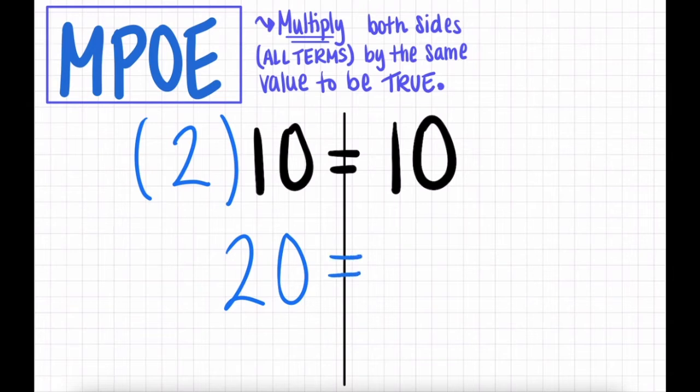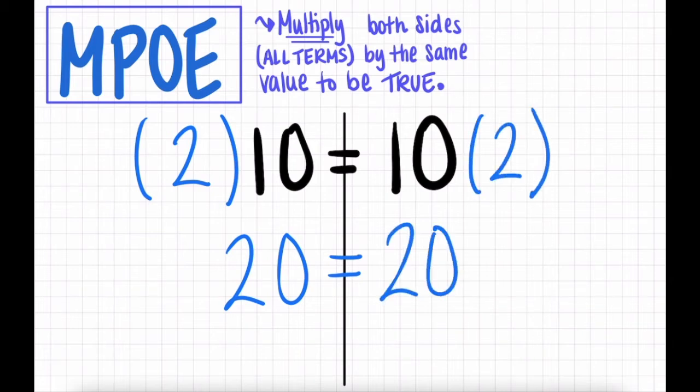So if I kept everything as is, does 20 equal 10? No, this is a false equation because of the multiplication property of equality. To keep this equation true, I need to also multiply the right side of the equation by 2 so that we have 20 equals 20 and a true equation.